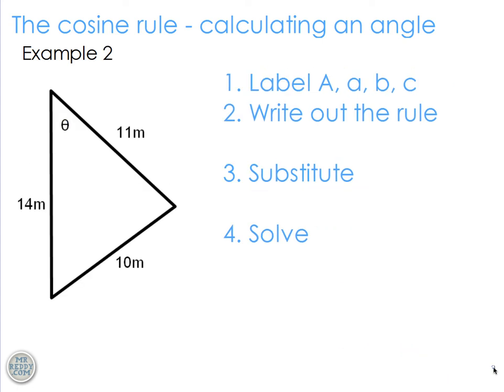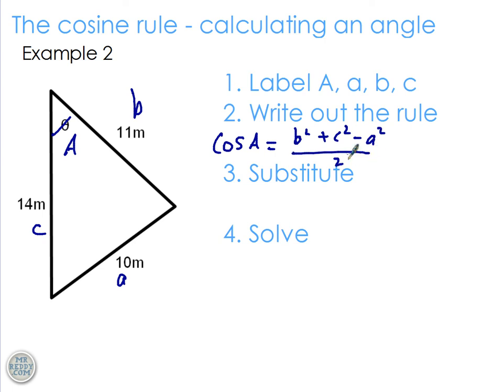Okay, example number 2, a little bit quicker this time. That's going to be A, little b, little c. Write out the formula, the rule. Cos A equals b squared plus c squared minus a squared all over 2bc. Easy. Substitute what you've got.